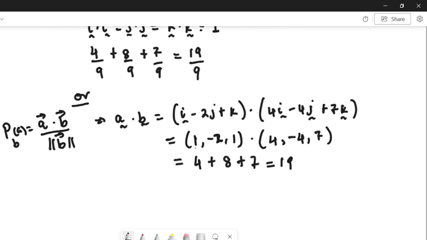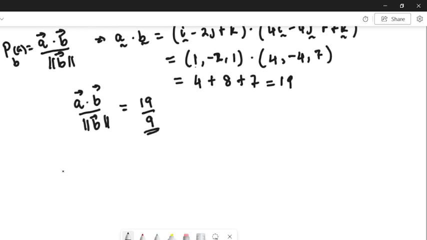So A dot B is 19 and the magnitude is 9, and that's the scalar projection, 19 over 9. It's simpler if you use method B. Okay, on to the next.